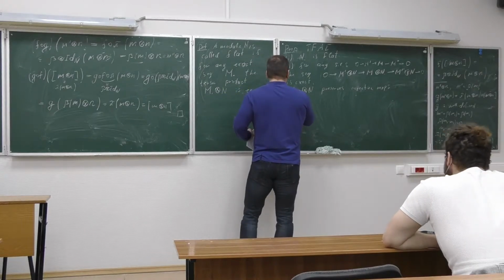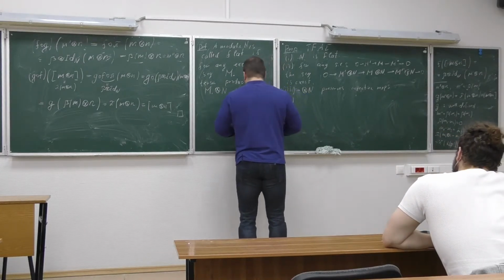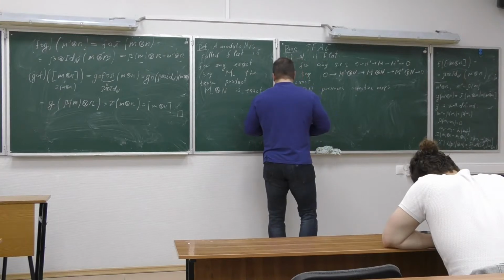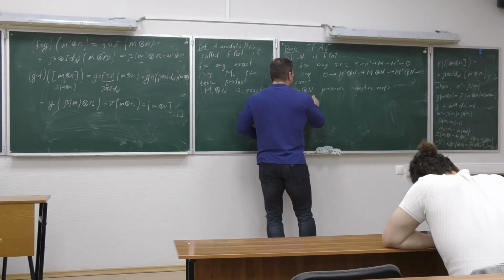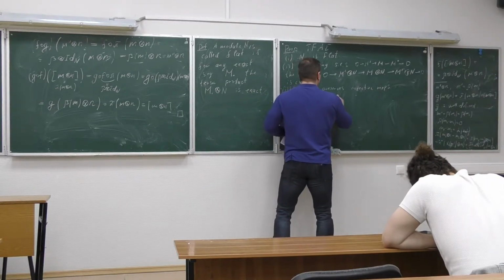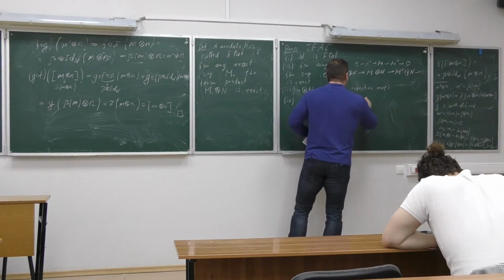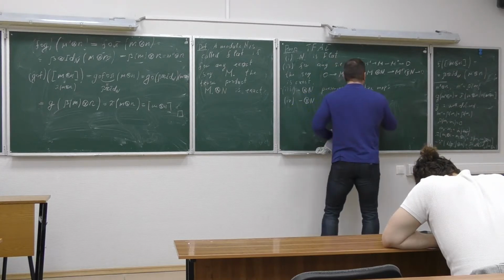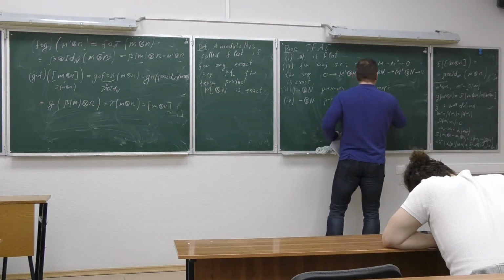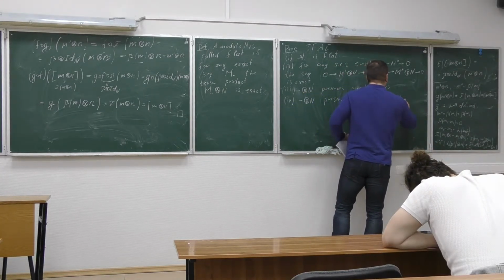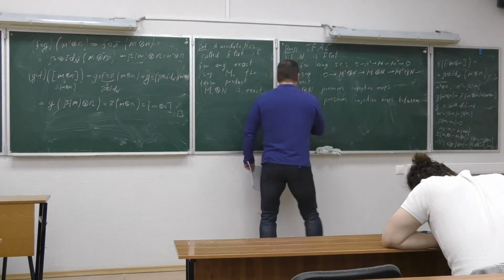And finally, property 4, the last one: tensor product with N preserves injective maps between finite modules.